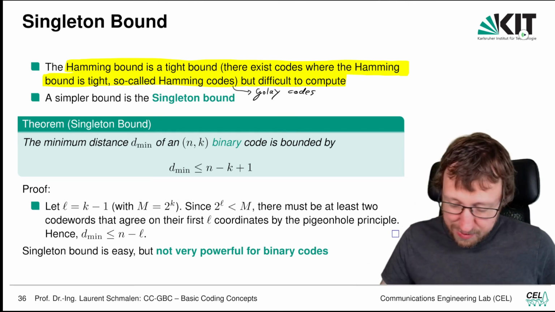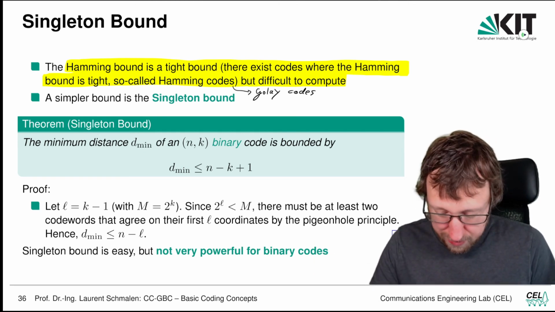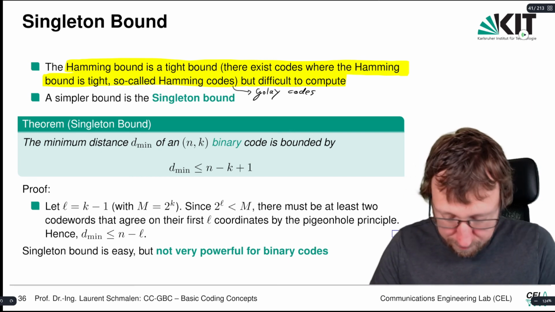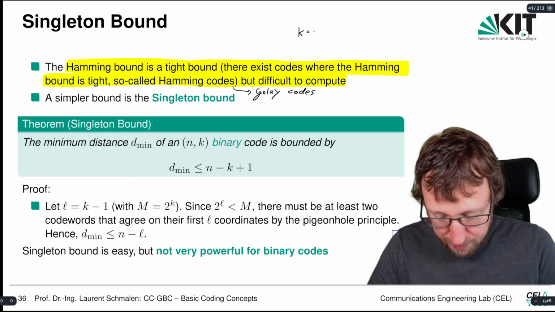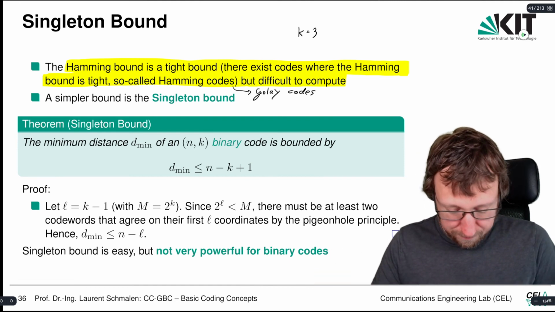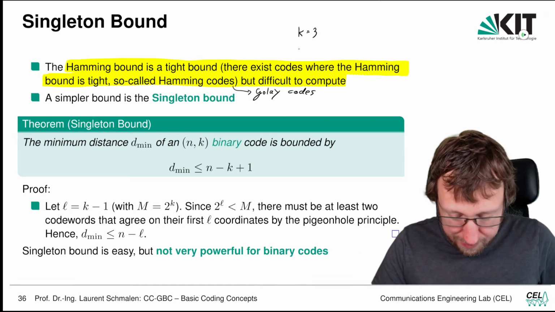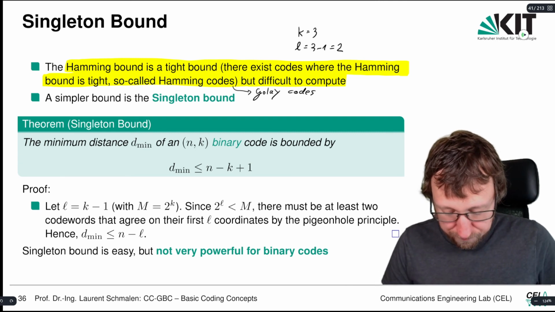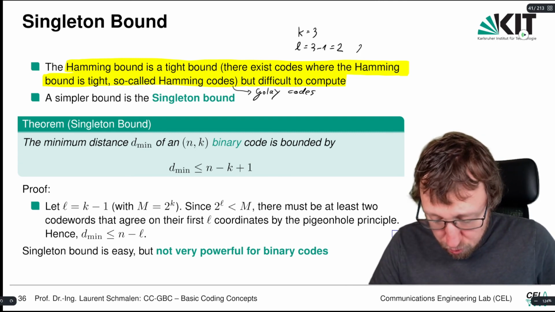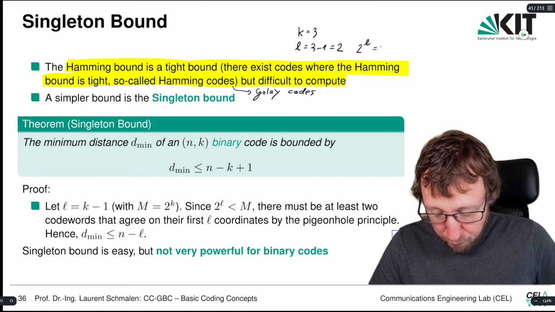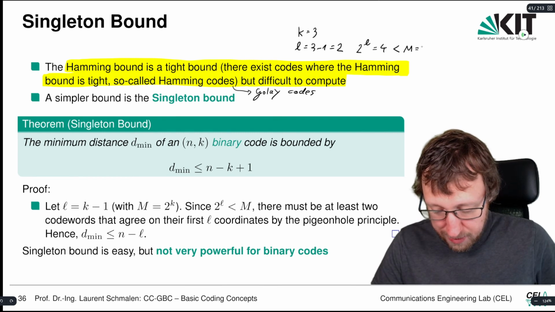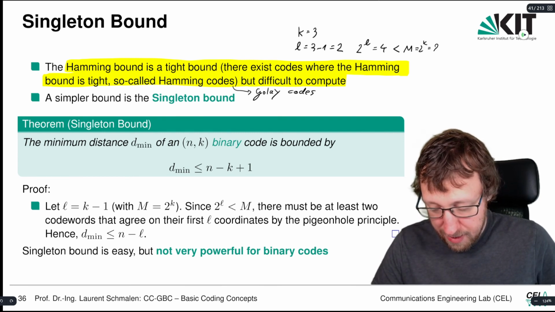So for instance, assume we have a code with k equal to 3. And L in this case is equal to 3 minus 1, which is 2. So 2^L is equal to 4, and that's definitely smaller than M, which is in this case 2^k, 8.